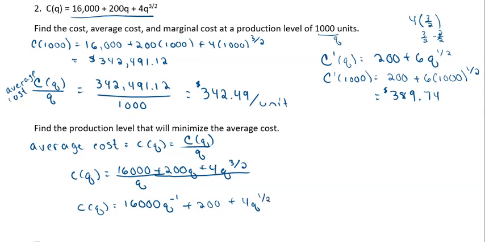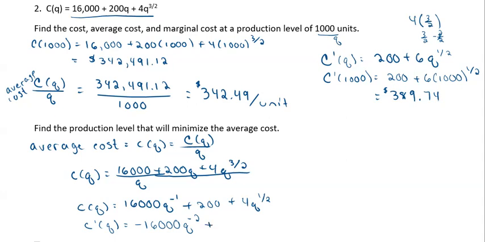There we go. Now we're trying to minimize. So whenever you're trying to minimize something, you take the derivative and you set it equal to 0, remember. So we want to take our derivative. The derivative here would be, bring down your power, so negative 16,000 Q, subtract 1, so it becomes the negative 2. The derivative of 200 is just 0. It's a constant.